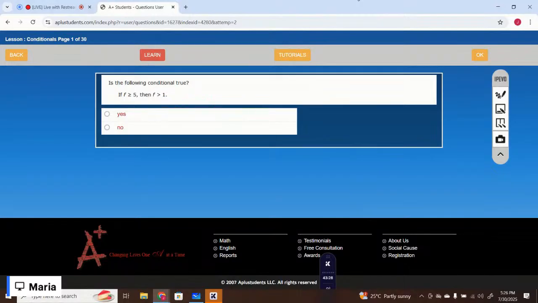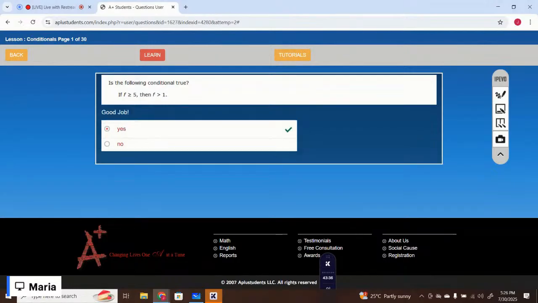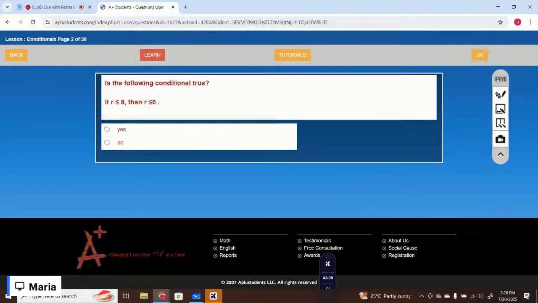Option number 1 is the correct option. Is the following conditional true?